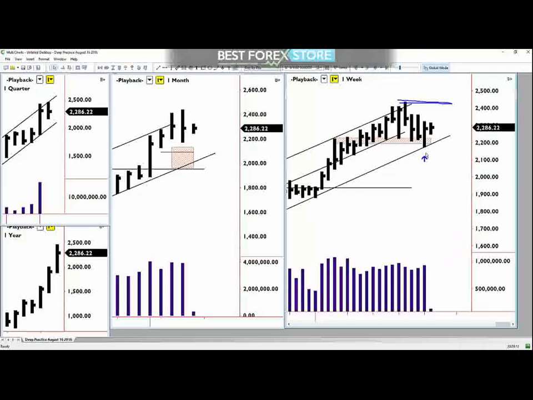We got good volume on this day, so that's a plus, right? And now we're starting to head up. We're right at the resistance of the prior few weeks. So we want to see it push up above that nicely.